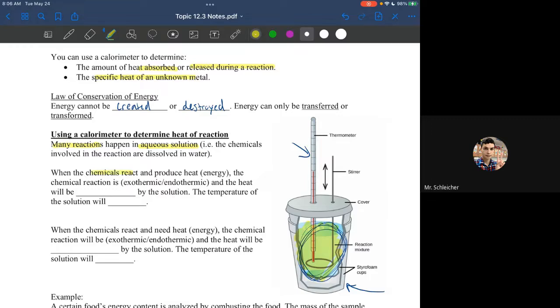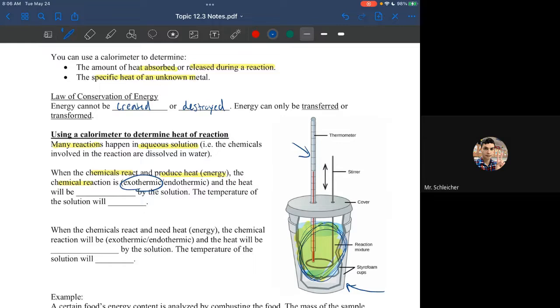When the chemicals react and produce heat energy, will the chemical reaction be exothermic or endothermic? If you're producing heat energy, it's like energy is being released, so it's going to be exothermic.